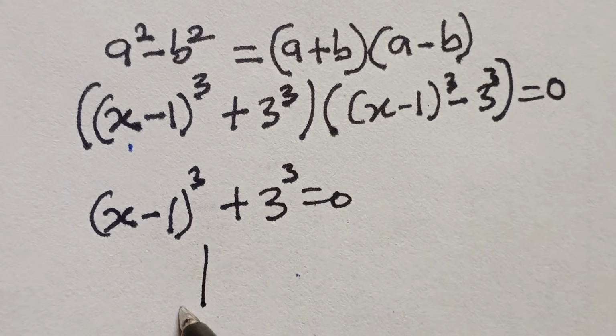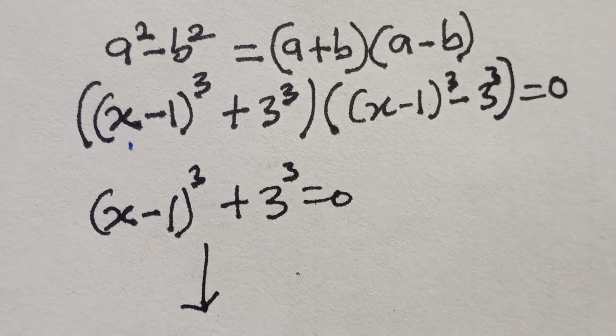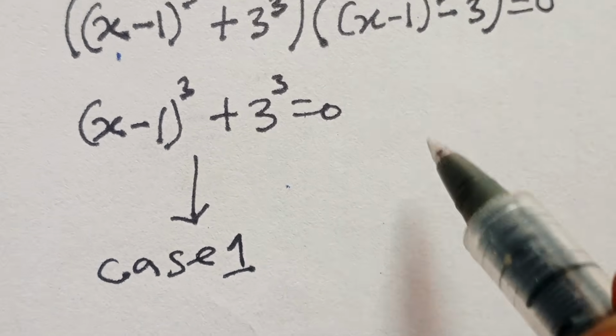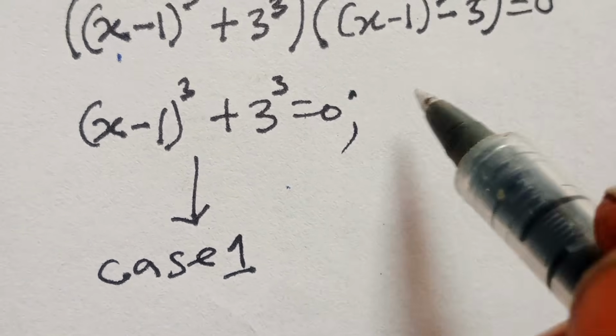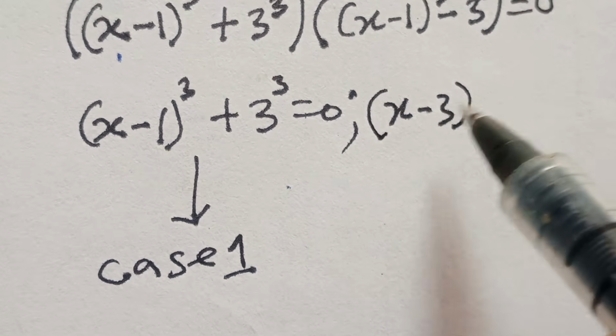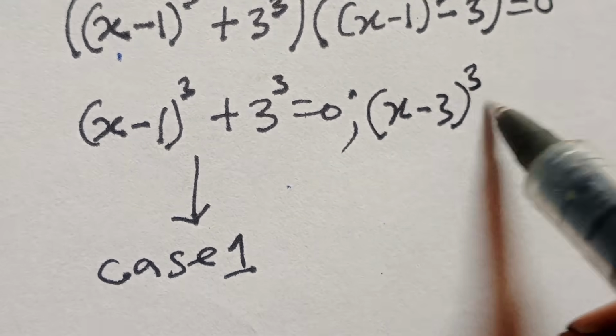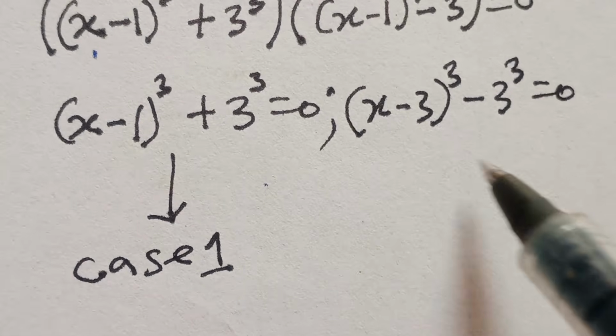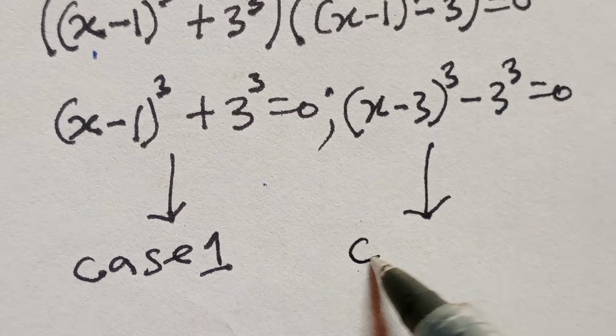Therefore, I can easily have (x minus 1) raised to power 3 plus 3 raised to power 3 equal to 0. So this is our case 1. And (x minus 1) raised to power 3 minus 3 raised to power 3 equal to 0. So this is our case 2.